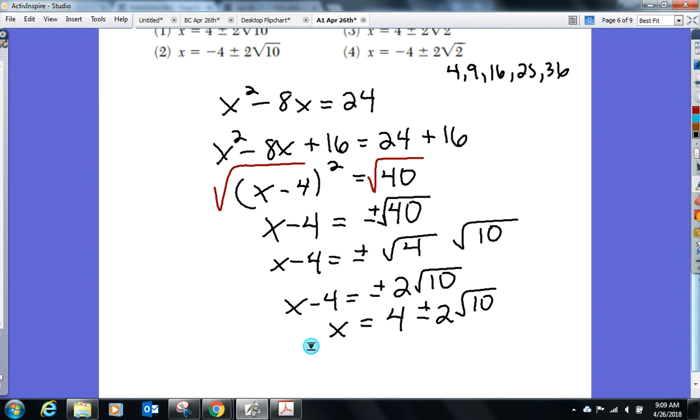Yep. Why wouldn't you add the 4 to 2? Can't. Because this isn't 2. This is 2 times radical 10. So it's attached to it. So if you added the 4, it would be No. Correct. Okay.